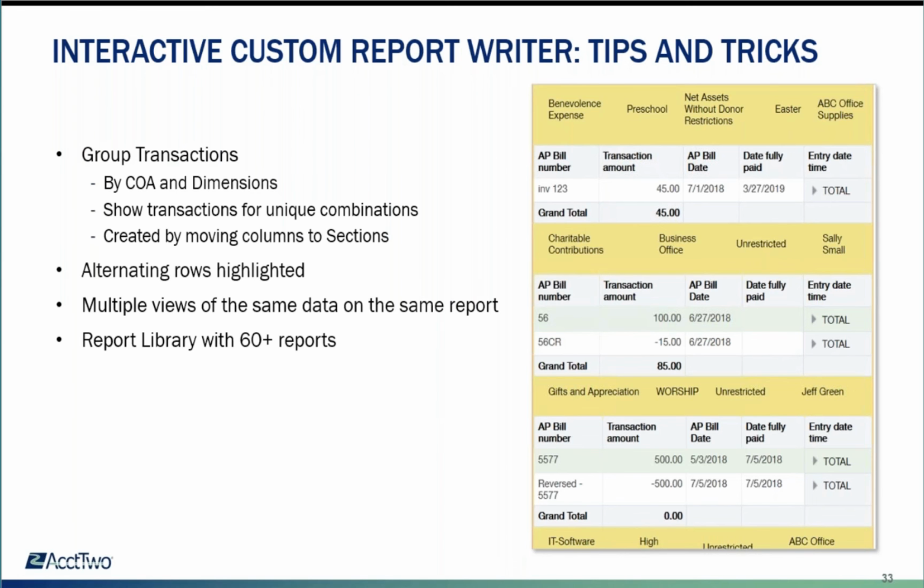And so you may download them and then set them up to meet the needs of your organization. So you may need to filter them additionally. You may need to add some additional dimensions, whatever that may be, but you have a starting point of 60 plus reports.